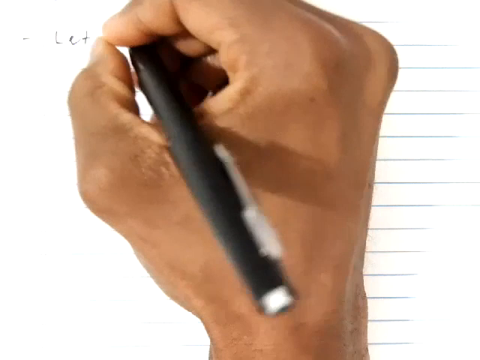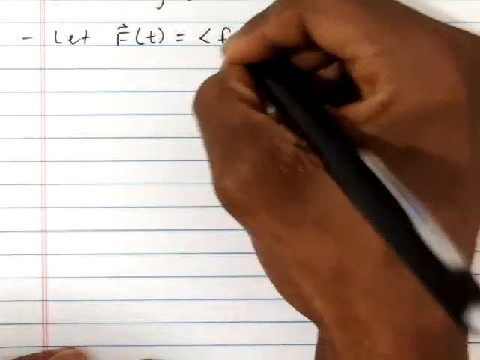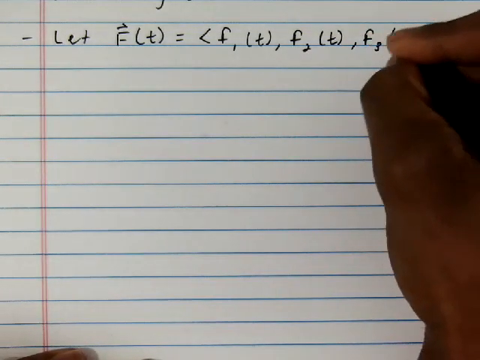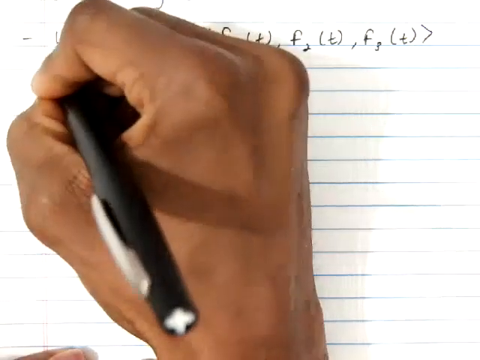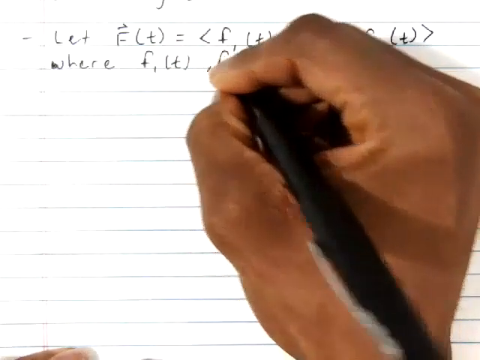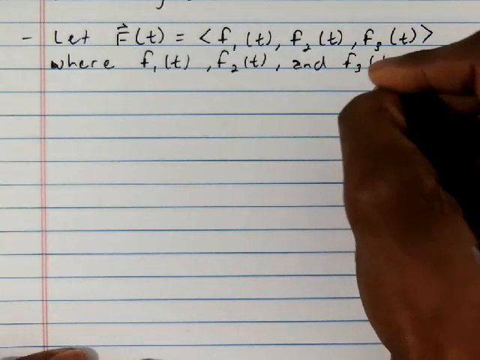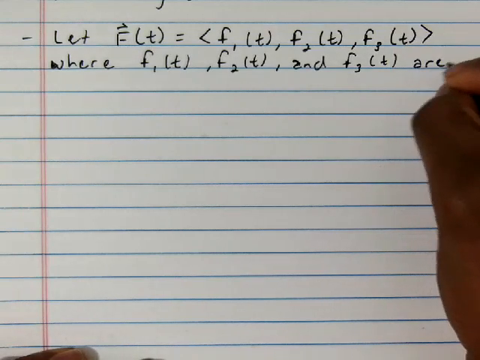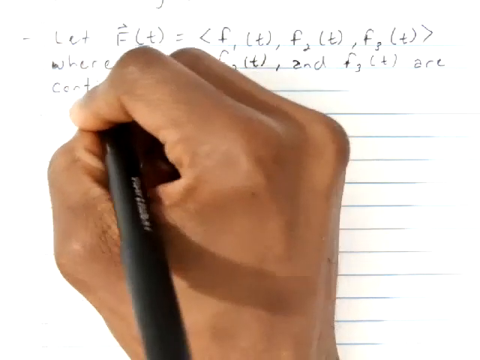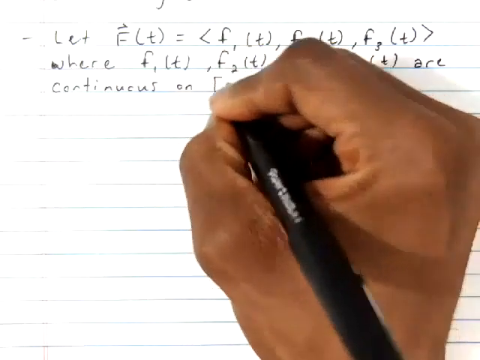Let the vector function f of t have components f sub 1 of t, comma f sub 2 of t, comma f sub 3 of t, where f1 of t, f2 of t, and f3 of t are continuous on the closed interval from a to b.